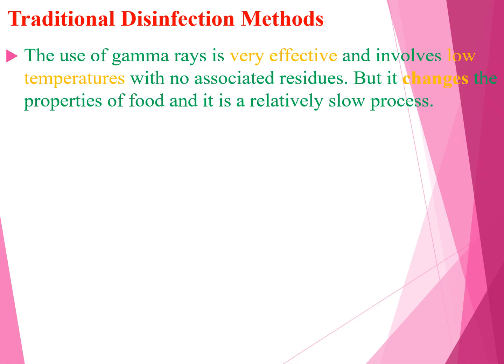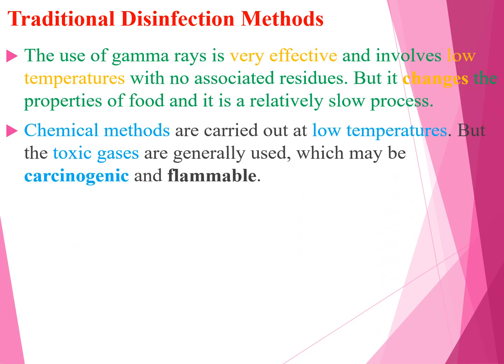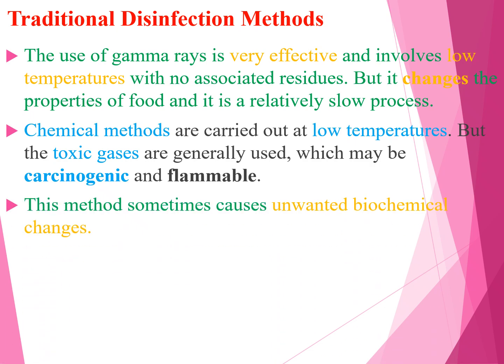a relatively slow process. The chemical methods, on the other hand, work at low temperatures, but toxic gases are generally used in these methods, which may be dangerous and flammable. Also, this method sometimes causes unwanted biochemical changes in the food and agricultural products.